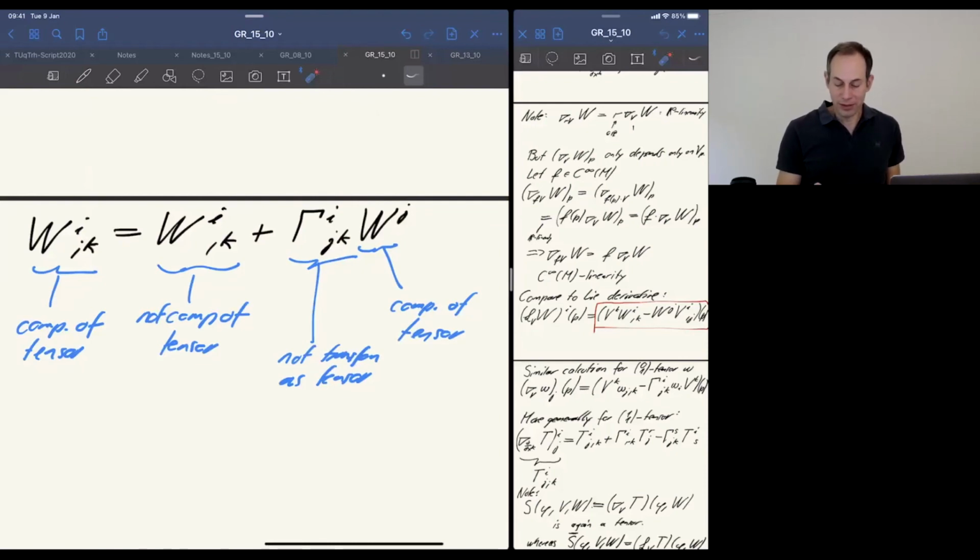But now you see the relevance of them in this equality, because the partial derivative is also not a tensor. So if you take a partial derivative, you get a highly coordinate dependent thing. If you again would translate this back into the manifold, let's suppose you take a vector in the manifold, go to a chart, take the partial derivative and write the partial derivative again in the manifold as a vector.